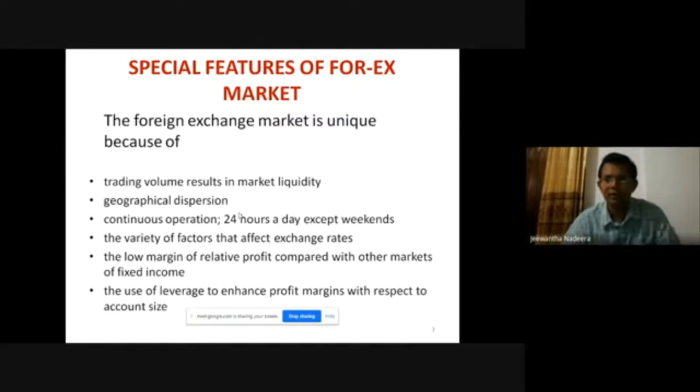We have to do more exports, but exports also we can't do, as demand in foreign countries has come down. They are also in a worse pandemic situation. People have restrictions to move. So how can we do this? Very difficult, but we'll have to do this.